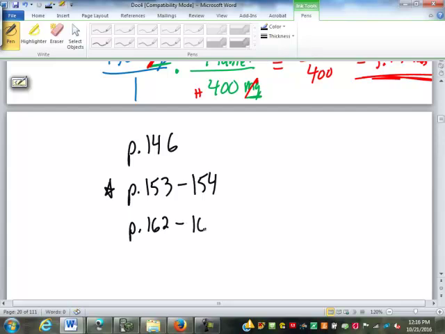Page 162 to 163 is that dosage calculation formula. Feel free to play around with those and try some of them with the proportion and some of them with the dimensional analysis, just to see which method works best for you. Like I said, I am a strong supporter of dimensional analysis. I'm not going to force anybody to do it either way, but I'm going to push you a little bit towards dimensional analysis.